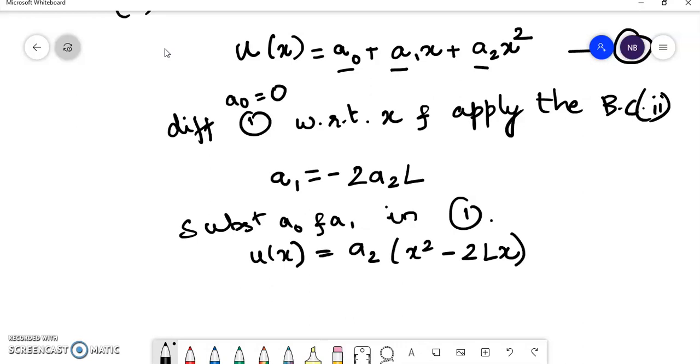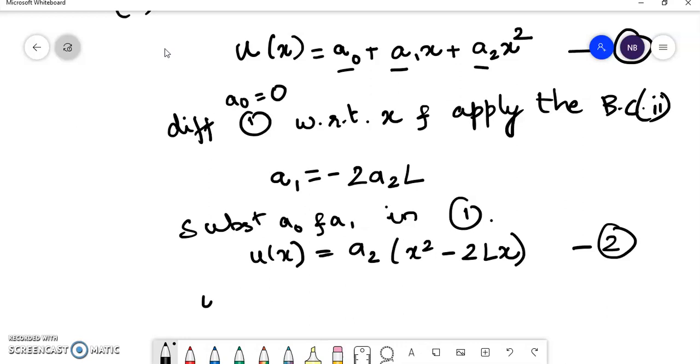Now this equation, let us call it 2. It satisfies the boundary condition and it contains one constant a2. So first we had three constants a0, a1, a2. Now we have only one constant a2, which has to be determined using Galerkin method.